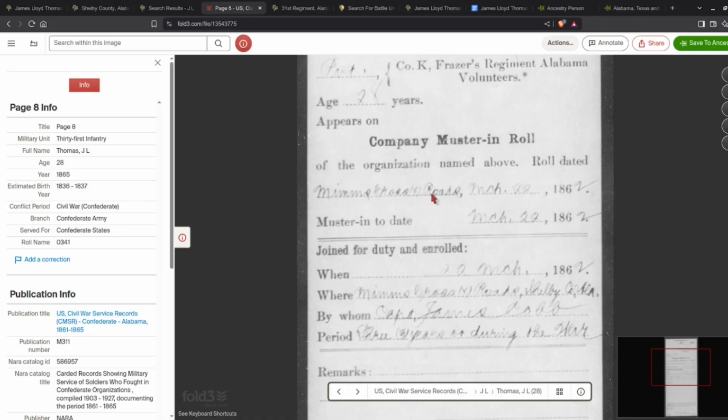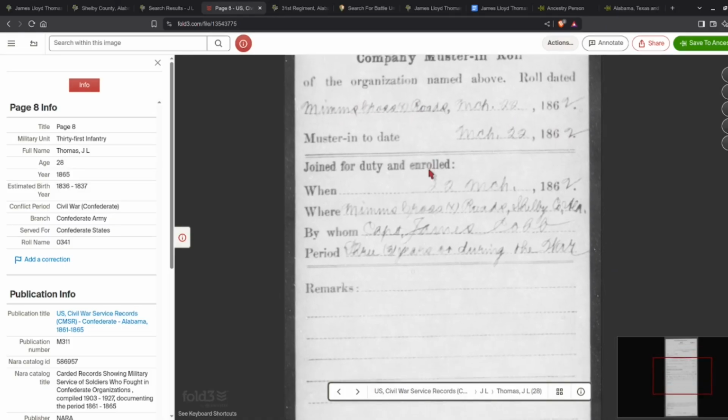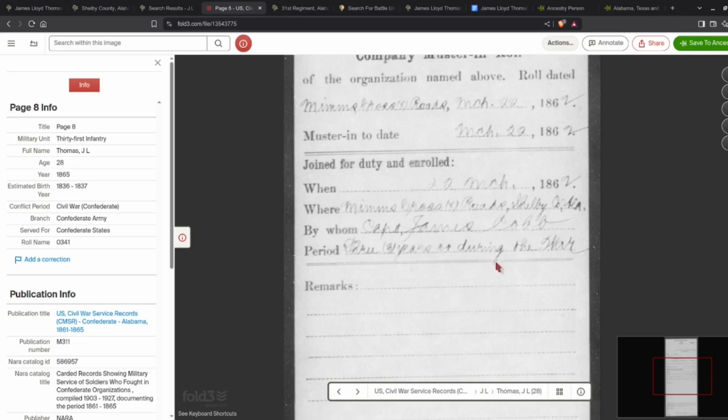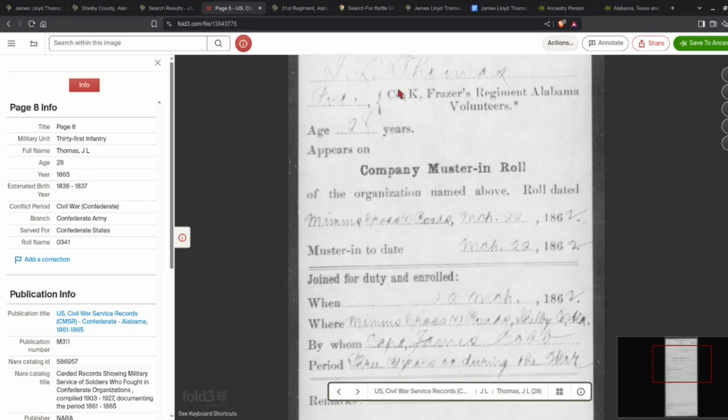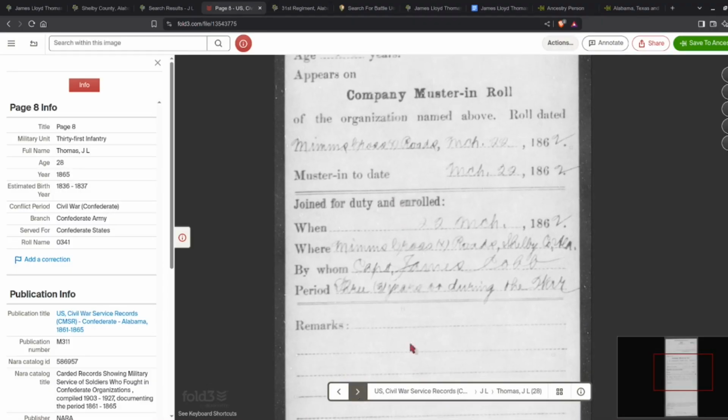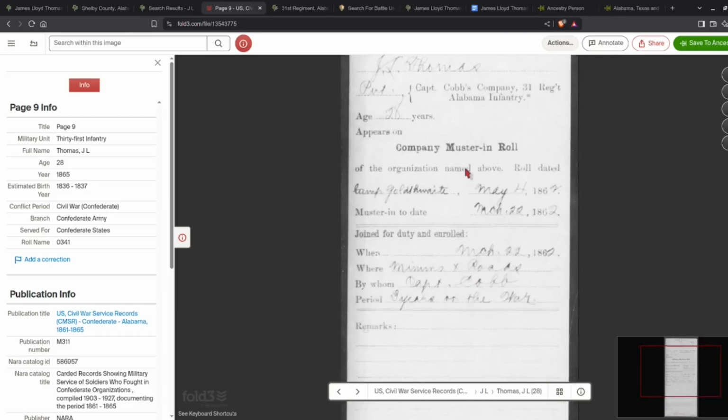But Mims Crossroads, so that is right. And the captain's name. Sometimes you can research the captain. There will be papers at the Alabama Department of Archives and History that has the unit history papers. So if it's necessary to go and look there, that is a possibility. So you do want to make notes of any of the captain's names or leaders of any regiments. All right.